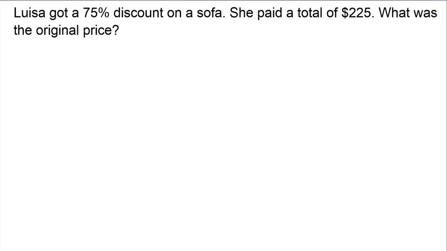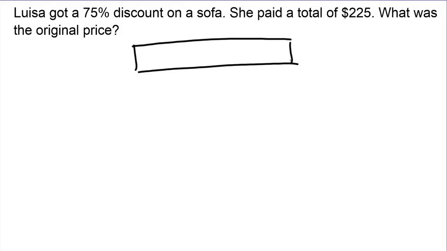Luisa got a 75% discount on a sofa. She paid a total of $225. What was the original price? So the original price is going to be more than $225 because this was after we took 75% off. So you can kind of think of this in a diagram of percents and prices here.